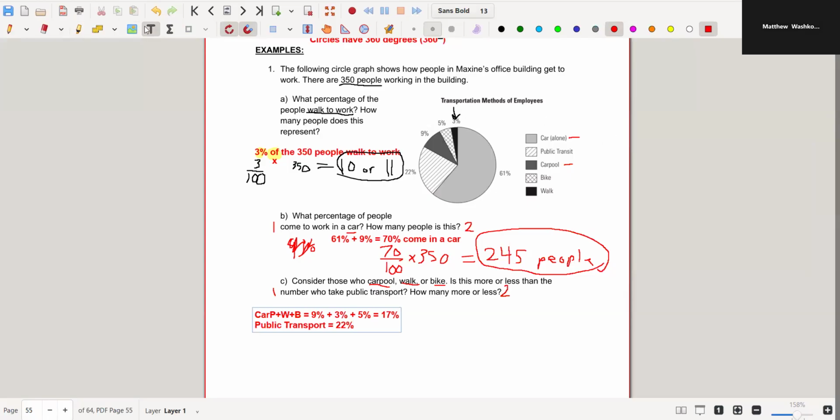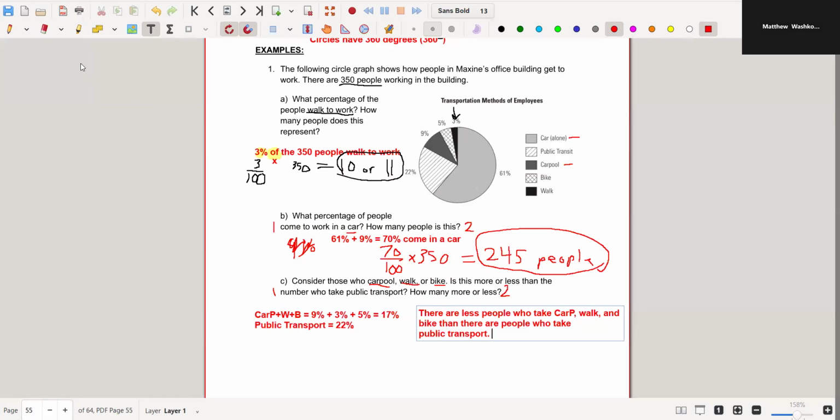But I haven't answered my question. Read the question carefully. It's asking, is this more or less than the number of people who take public transport? There are fewer people who carpool, walk, and bike than people who take public transport.